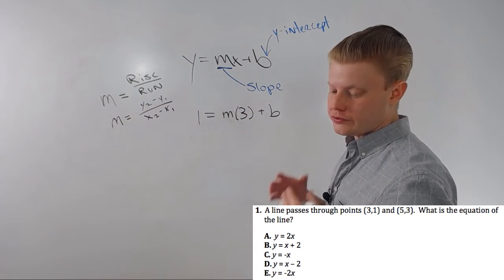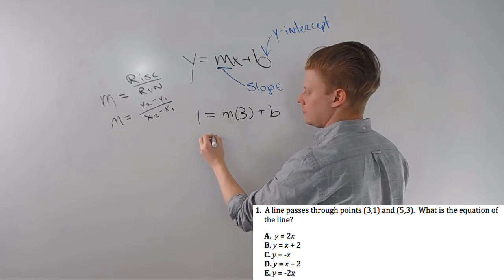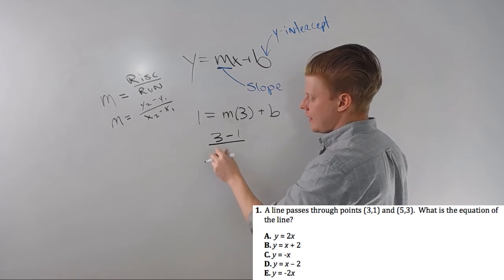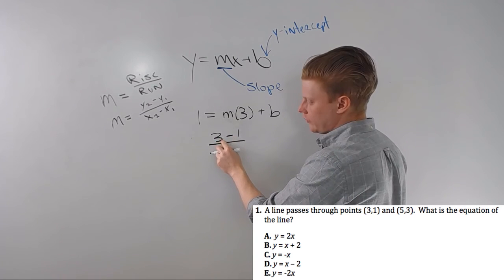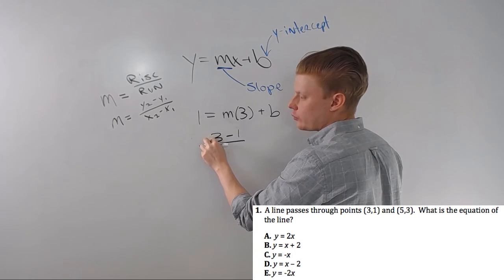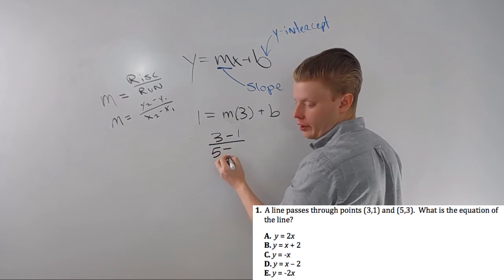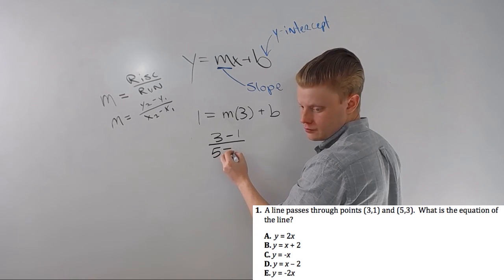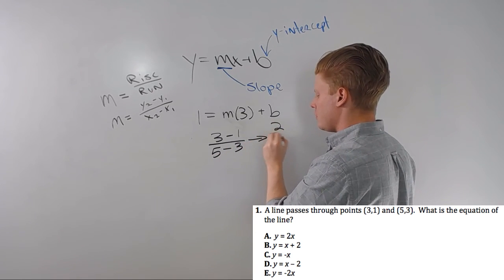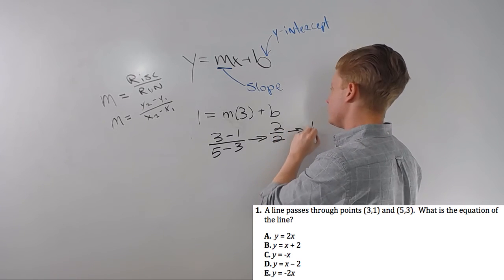Essentially I'm going to subtract the y values. I'm just going to do it in such a way that I don't have a lot of negatives. I have to make sure that whatever I started with, I started with the 3, so the 5 goes with the 3. Since the 3 led on top, the 5 has to lead on the bottom. And that's going to give me 2 over 2, and my slope is 1.